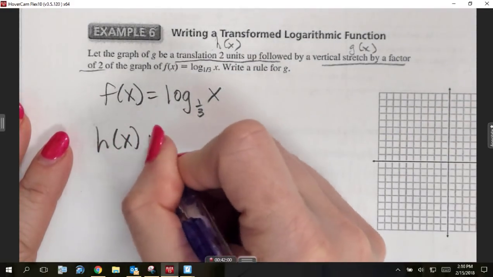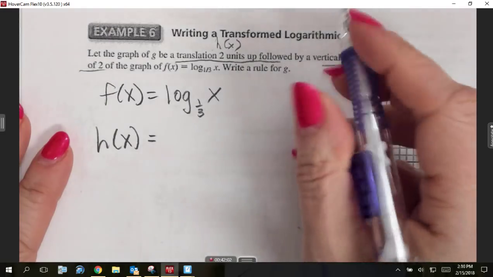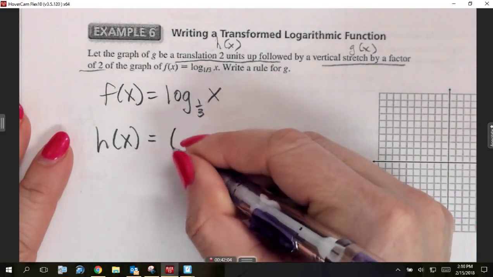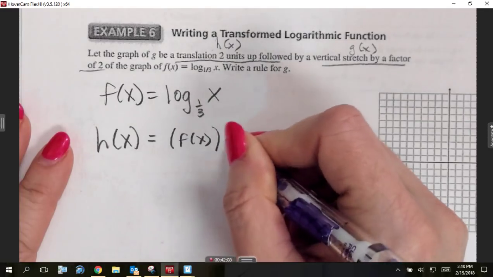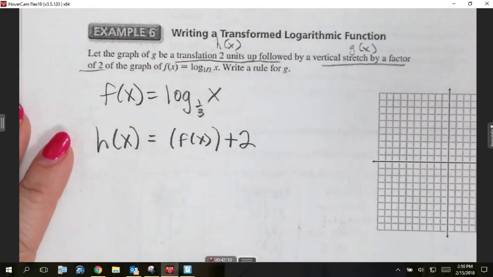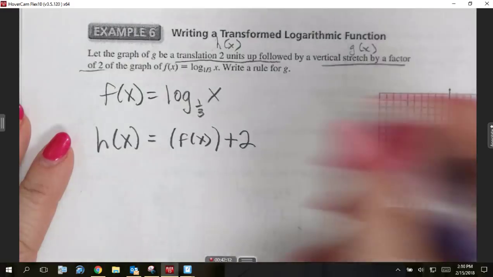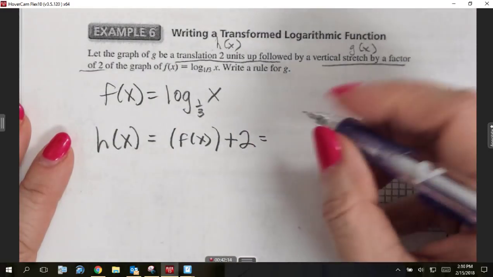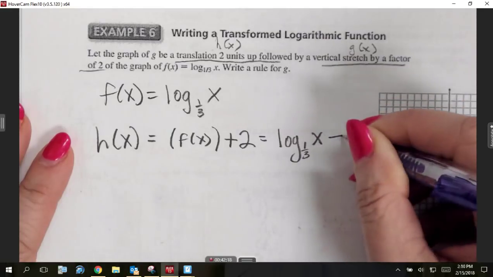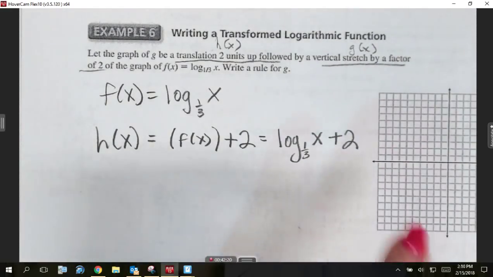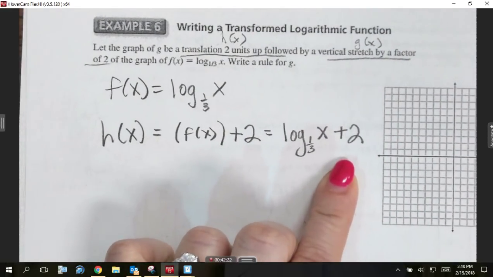H of x is a translation 2 units up of f of x. So we add 2 to the f of x function. So f of x is log base 1/3 of x, and then we add 2. And don't put that in parentheses because it's vertical.